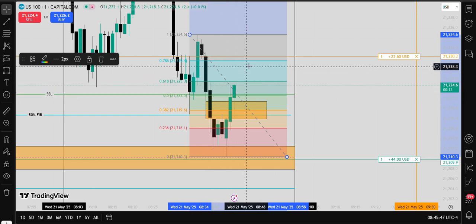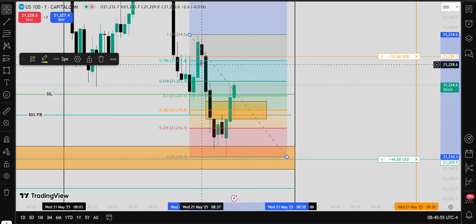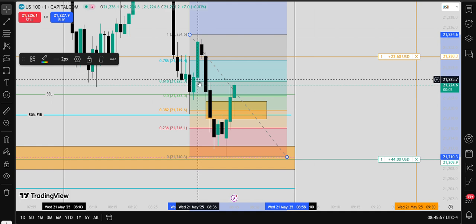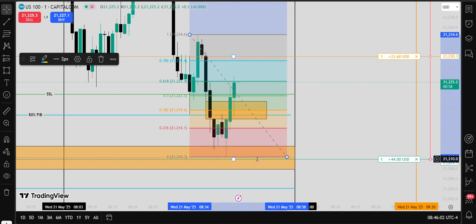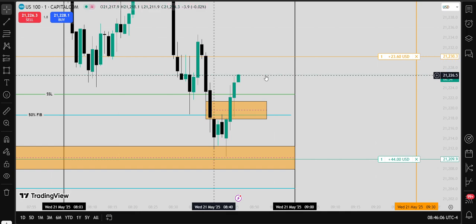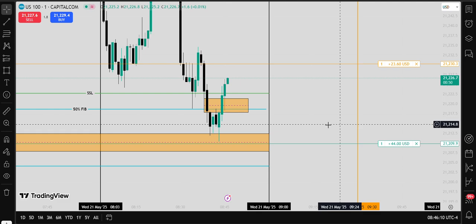If it is going to go deeper, we're expecting it to go until this area. Then if the up close candle is going to offer some resistance, it would mean we're coming for this low. We're coming for this low. So let us see whether the market is going to give us that push and hope for the best.